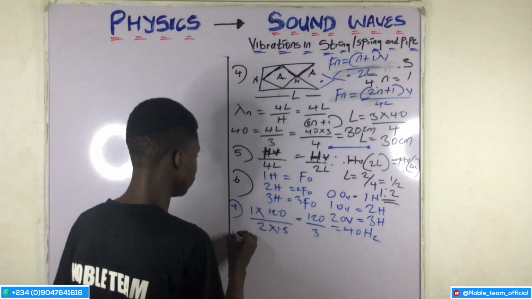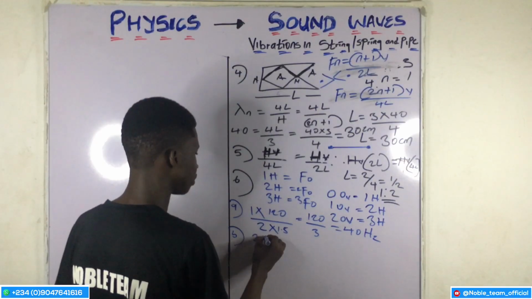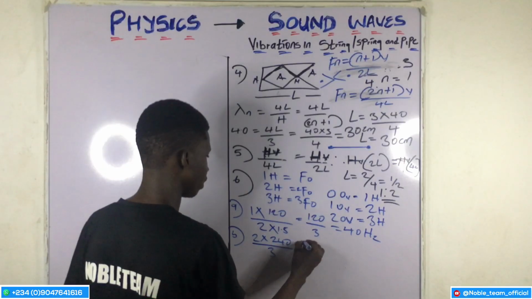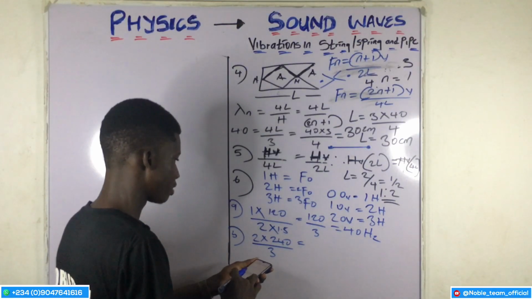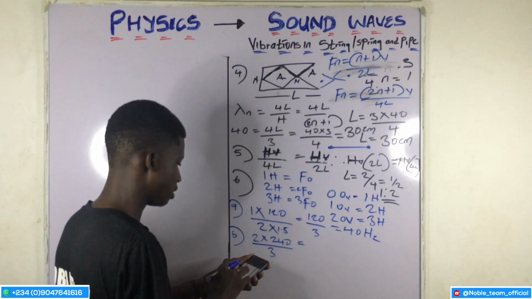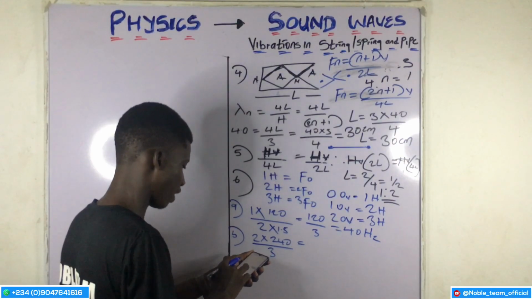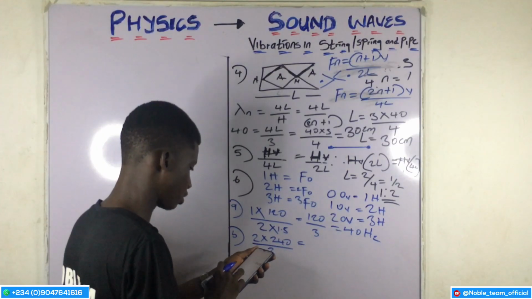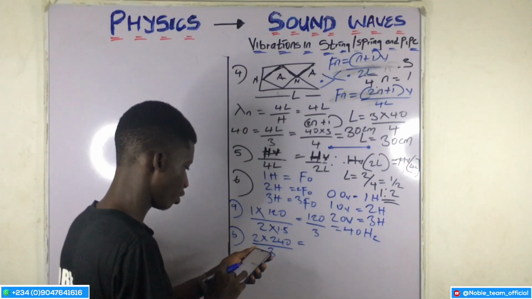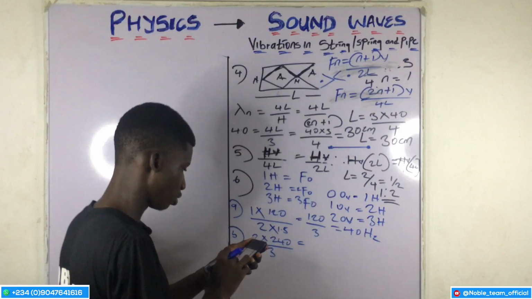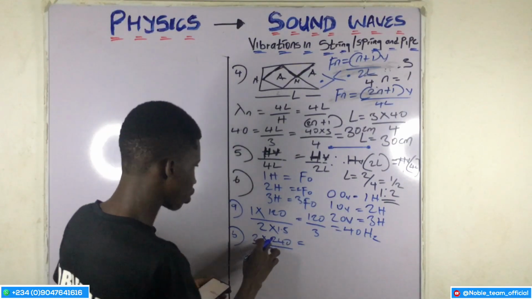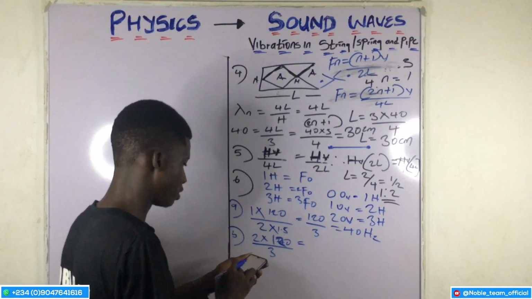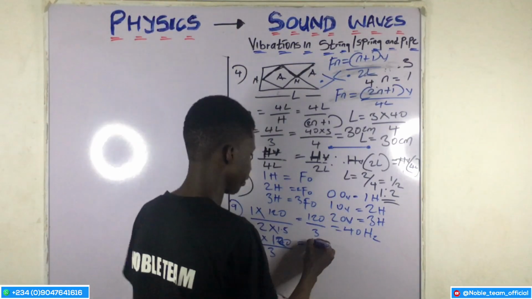You do the same for B, which is the second one, by saying 2 times 120 is 240 divided by 3, and this will give me 80 Hz.